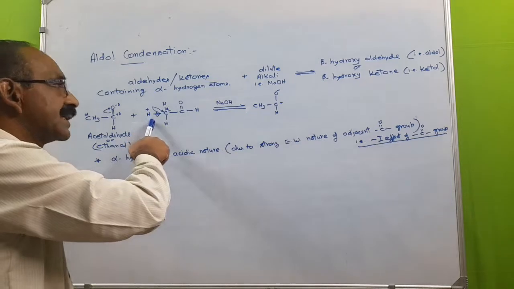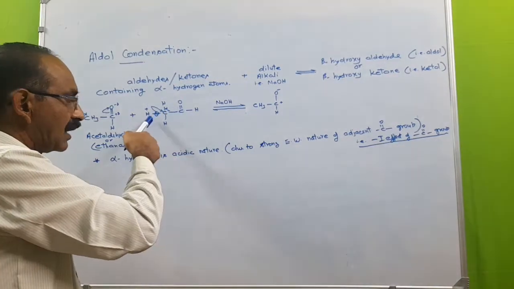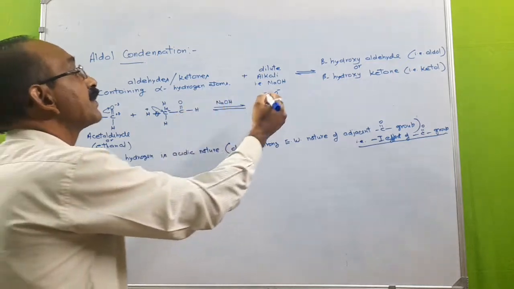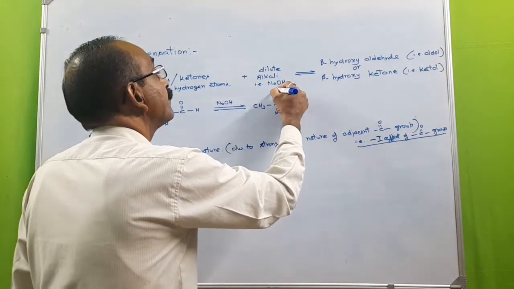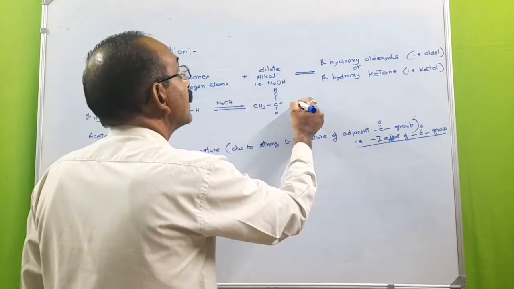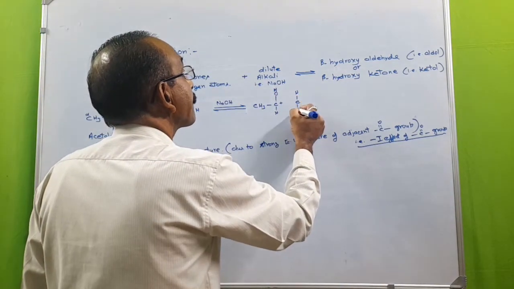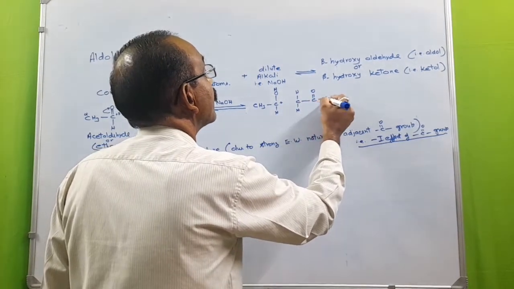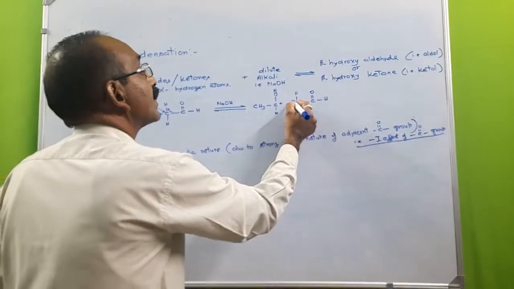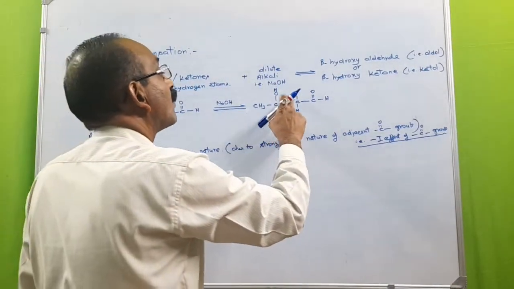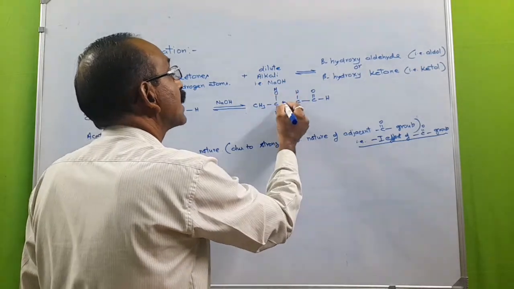So the H plus set free from the alpha position forms a bond with the electronegative oxygen, and then the remaining anion, the negatively charged carbon, forms a bond with the positively charged carbon.